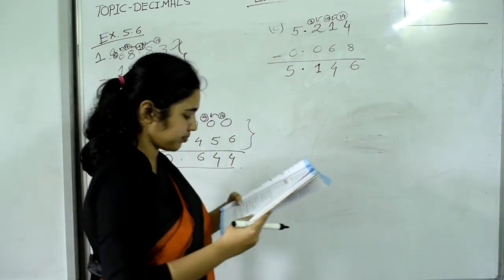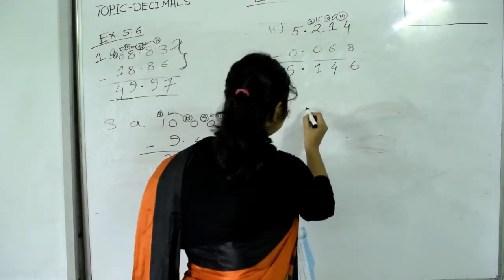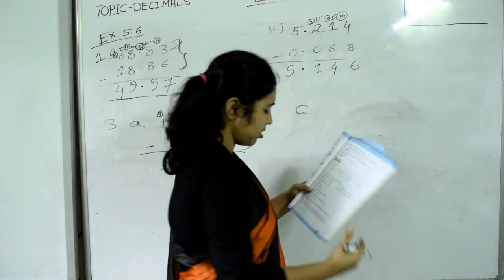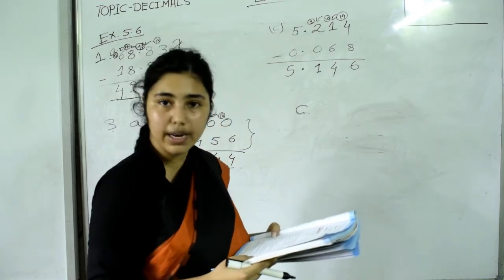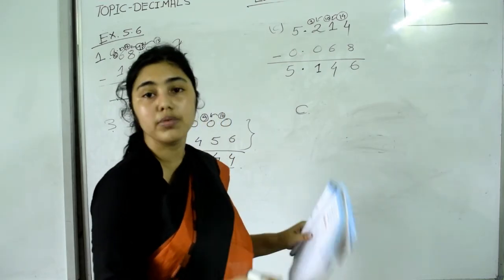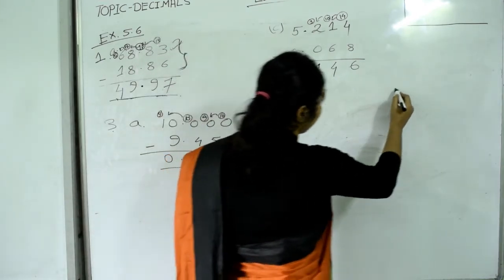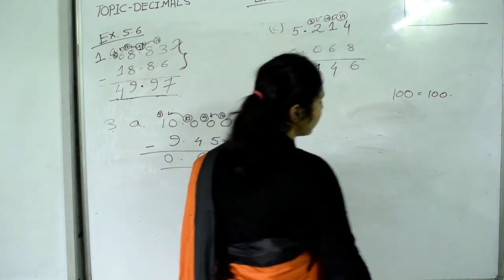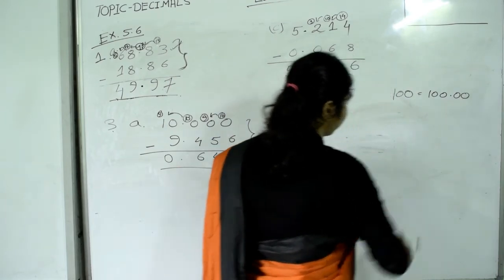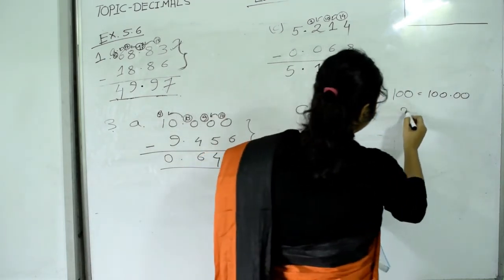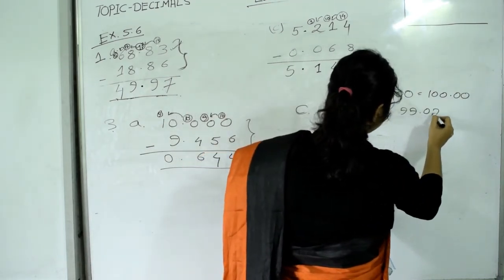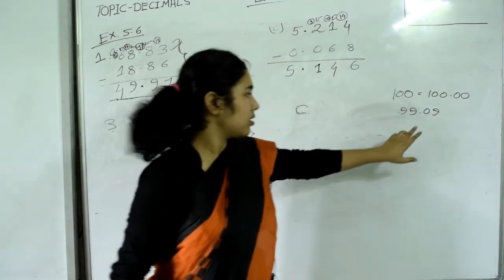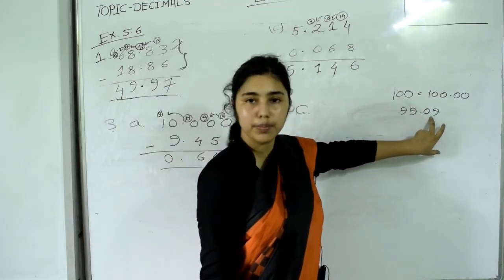Next question. Subtract, question number C. Subtract 99.09 from 100. Again, write 100 as 100.00, because 99.09, this number has 2 decimal places.